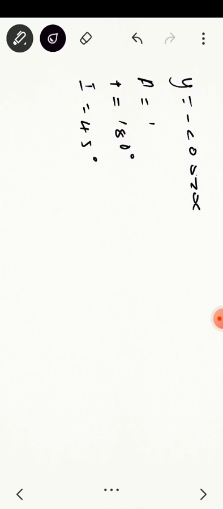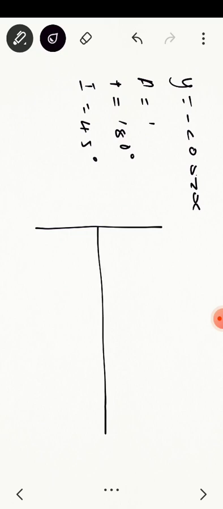So to sketch our function, now we know that our cosine function is reflected about the x-axis. So here we are going to have our cosine function starting at -1 instead of +1, and our interval is 45. We have 45, we have 90, we have 135, and then we're going to have 180.